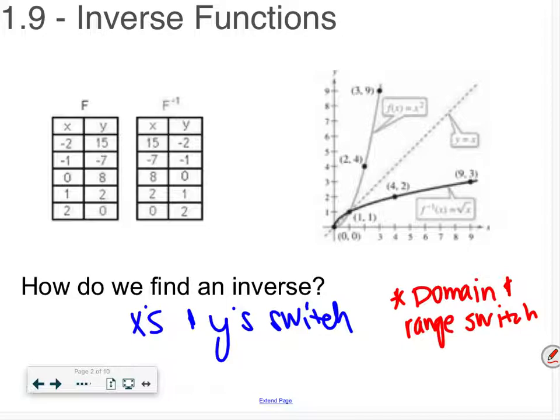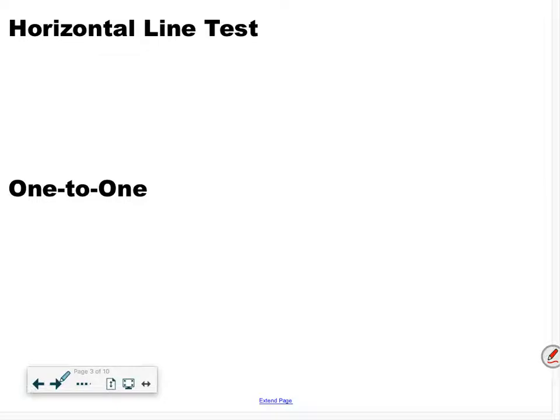We have something called the horizontal line test. If you want to put this on the back of your green sheet, or in your notes, I want you to be aware of what it is. It's the same concept as the vertical line test, where we see if this line passes through more than once.